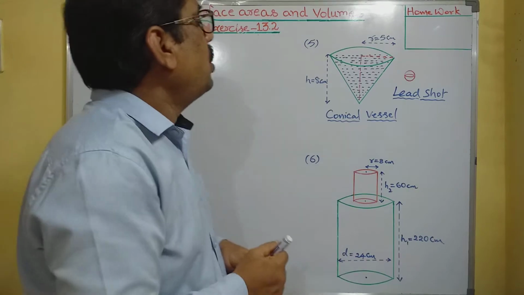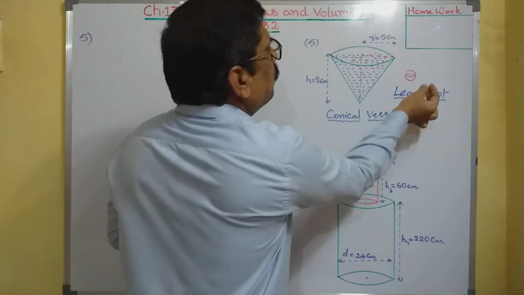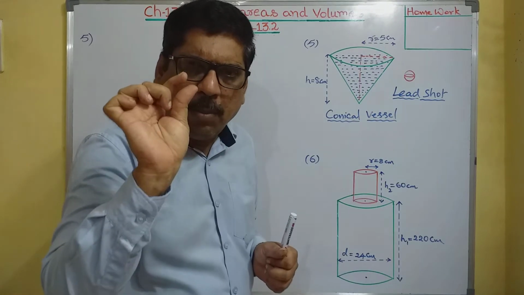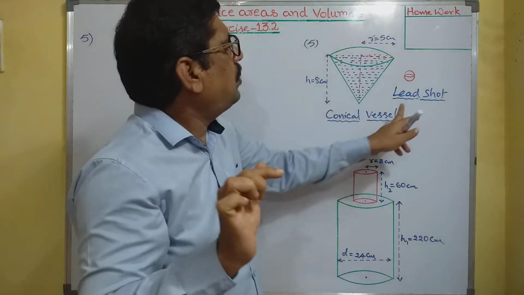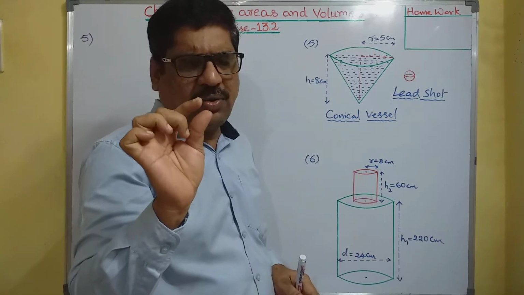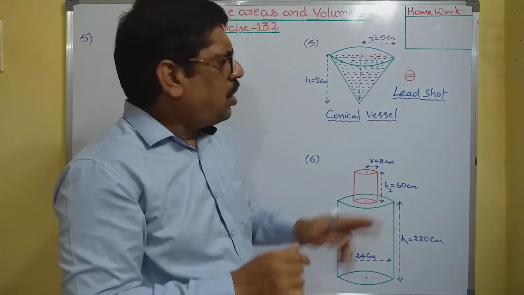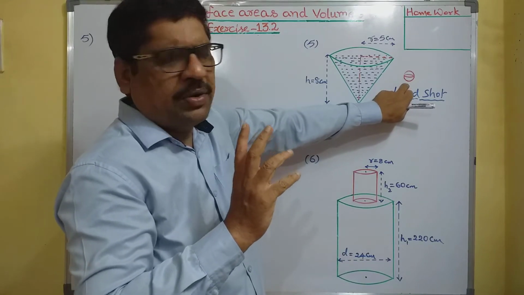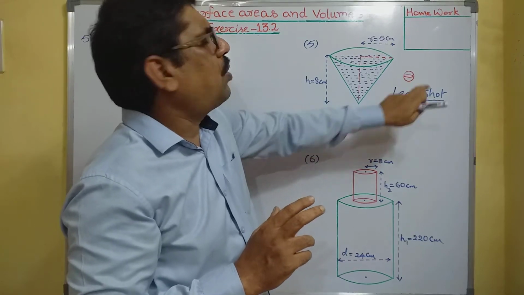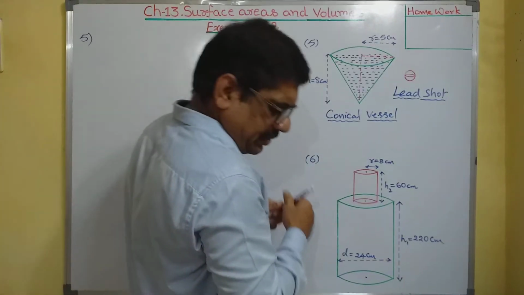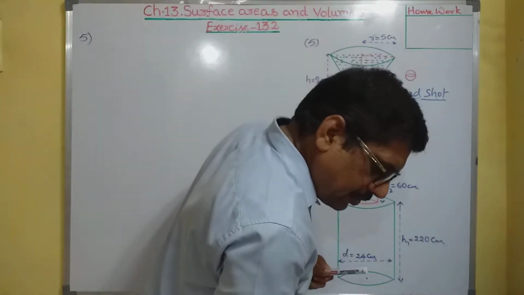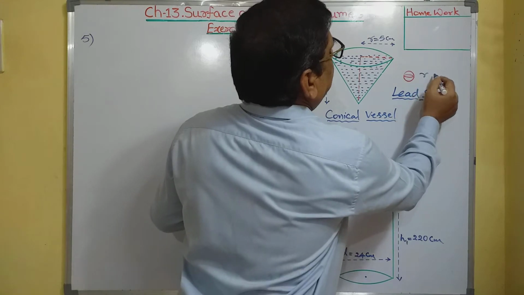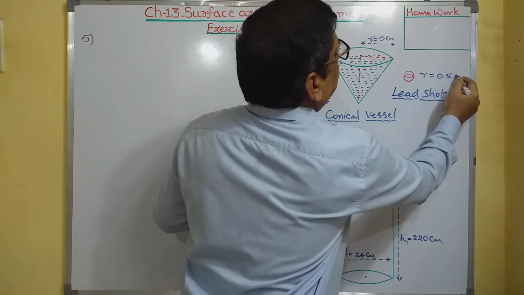So here, when we drop the balls, this lead shot means a small metal ball. It is very small, but for clarity I have drawn this much size. The radius of each ball is 0.5 centimeters.